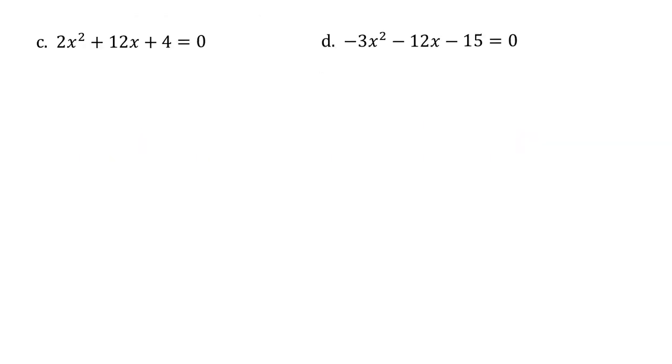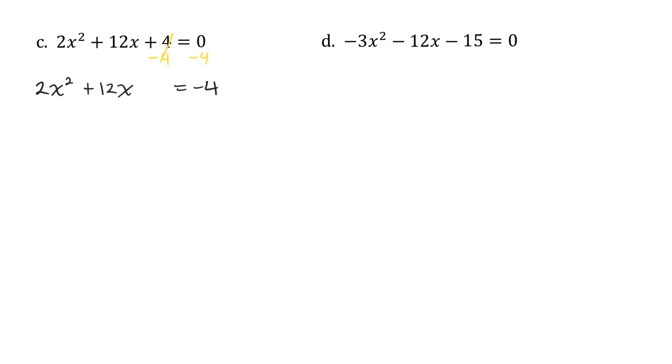Okay, let's try C and D. Okay, let's see. Complete the square. 2x squared plus 12x plus 4. I'm just going to go ahead and move the 4 because I already know that that's a problem. Now I have 2x squared plus 12x equals negative 4. Normally I complete the square next, but I have this weird 2x squared situation. The 2 can't be there for me to complete the square.